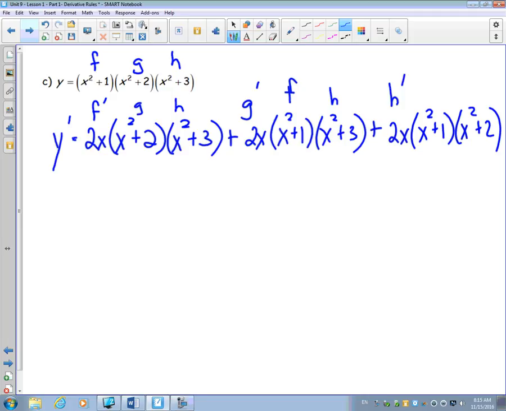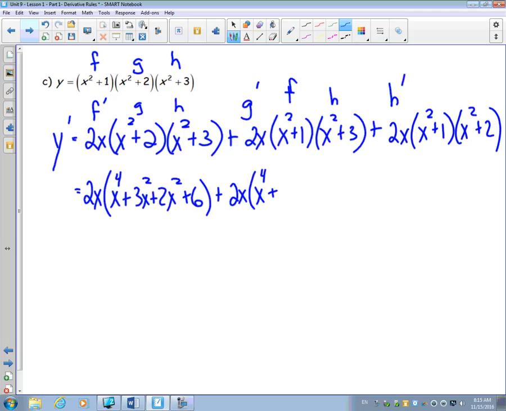Now we get the fun job of expanding all these. So I'm going to leave the 2x out front. I'm going to do FOIL inside. I'll get x to the 4 plus 3x squared plus 2x squared plus 6. I'll do the same thing for the next one. So we'll get x to the 4 plus 3x squared plus x squared plus 3. We're just doing FOIL with each pair of brackets, right?